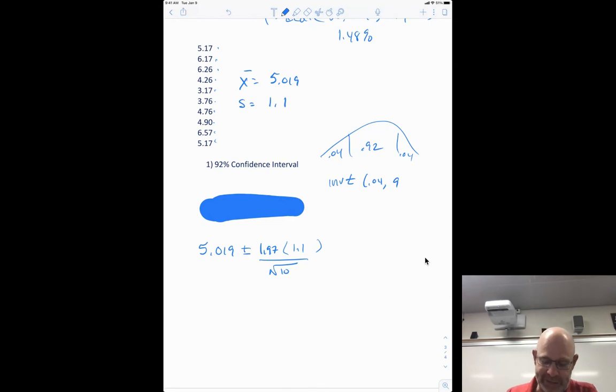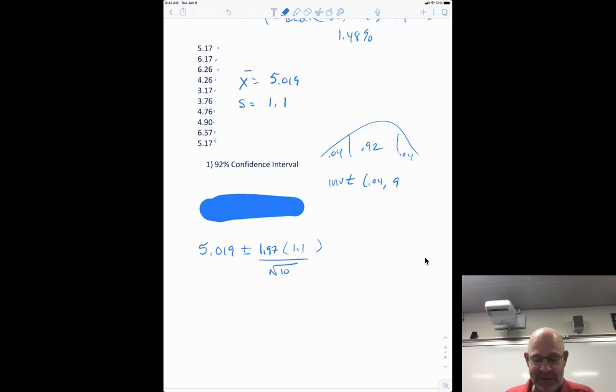So I could go right to stat, calculate, stat tests, and we're going to scroll down. This is now a t interval because what's the difference between z and t? It's very simple. Do I know the population standard deviation or not? Nowhere in this problem was I given it. So the t interval, this time we have data instead of stats. So I'm going to scroll over to data, hit enter. It's going to ask me for my list, which is list 1.